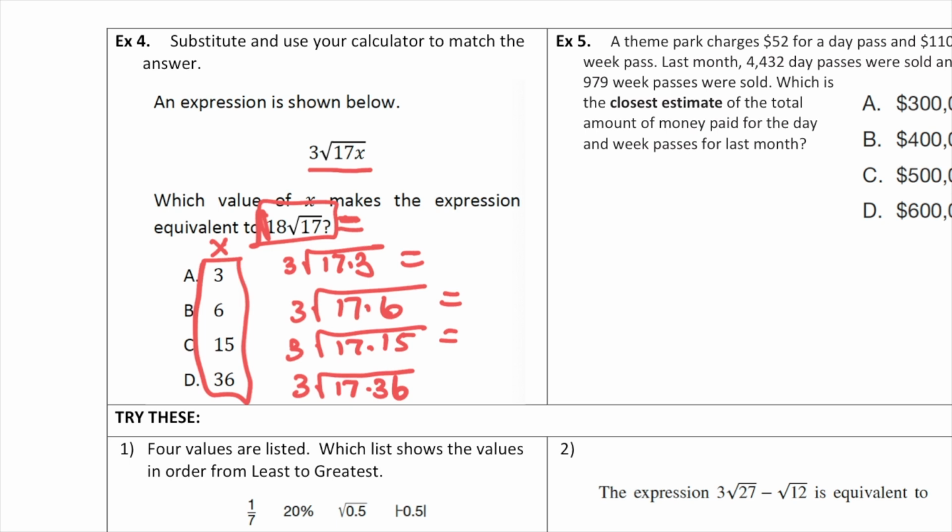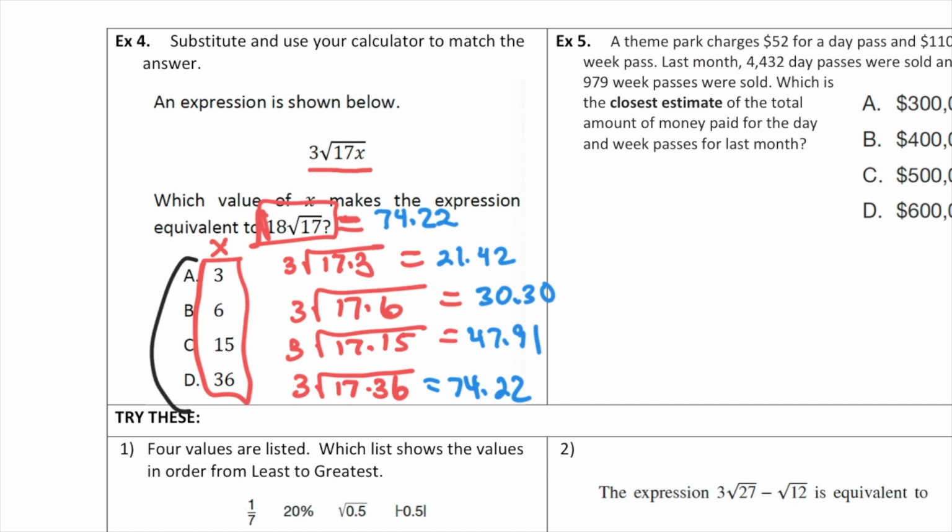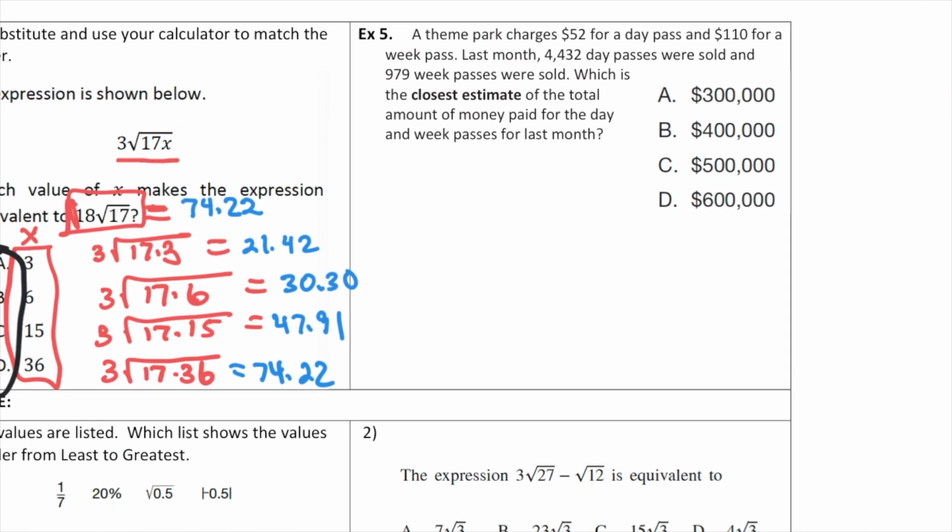So turn the video off, take a moment to do this. Check to make certain that you get the same decimal equivalence that I have. Afterwards, you need to choose the correct answer. Which value, when substituted in for x, will give you the equivalent answer to 18 root 17.